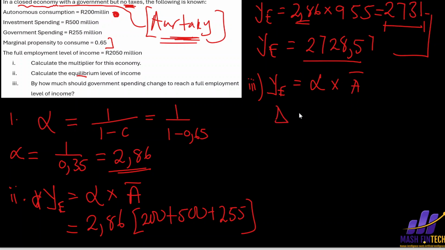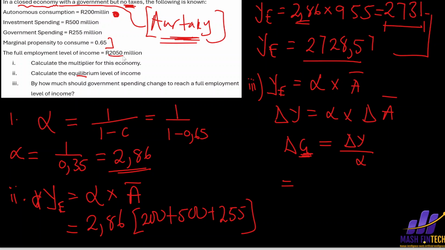So the change in income has to be the multiplier times the change in autonomous expenditure, which is G. I just replace autonomous with G because what we want is specifically G. Doesn't matter, you can keep the A. Now we divide both sides by the multiplier. It's the change in income over alpha.